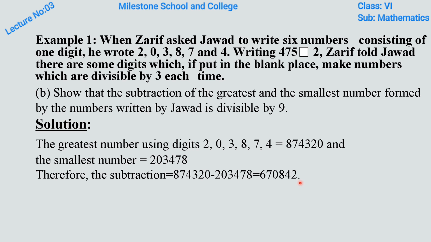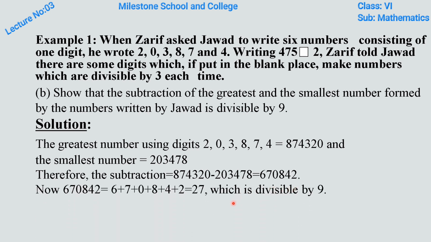And the last part of this question is that the subtraction result is divisible by 9. If it is yes, then we will write showed, and if it is not, then we will write not showed. Okay, so let us check whether this number is divisible by 9 or not.